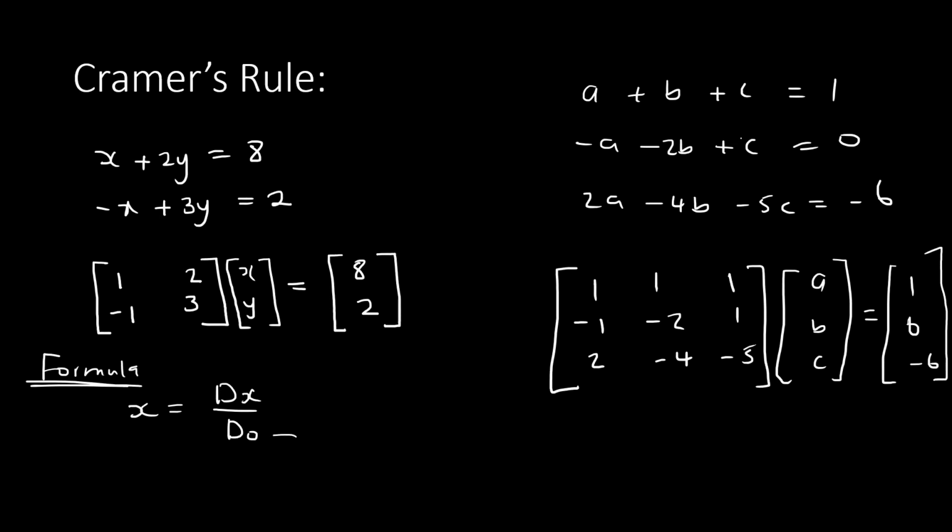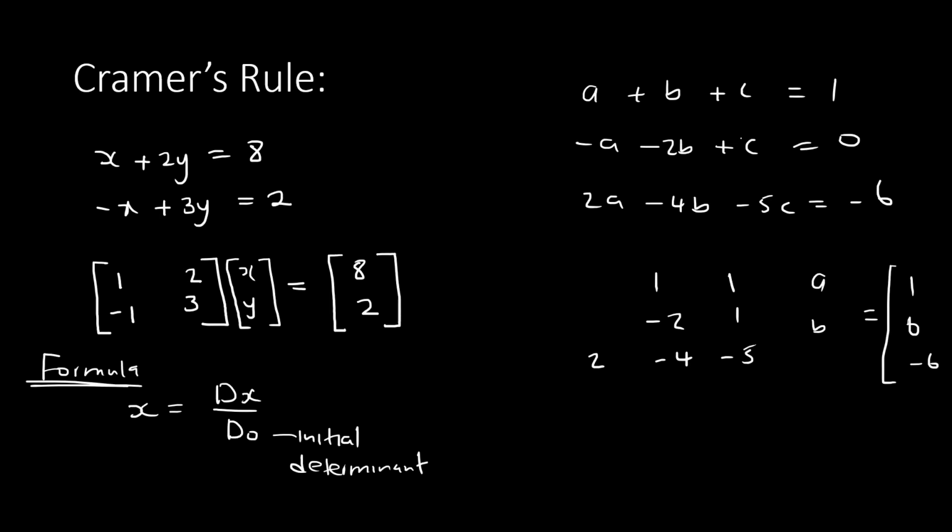Determinant 0 means the initial determinant, or original determinant. So now how do you, okay, I'll erase this one and show you quickly. How do I determine it? We know the original determinant uses only the coefficients, right? Okay, let me erase here, just a moment.